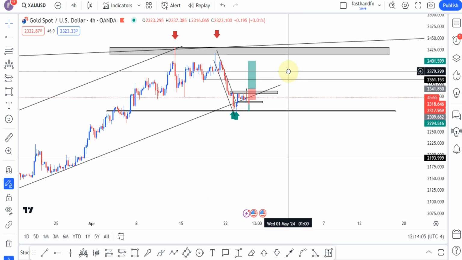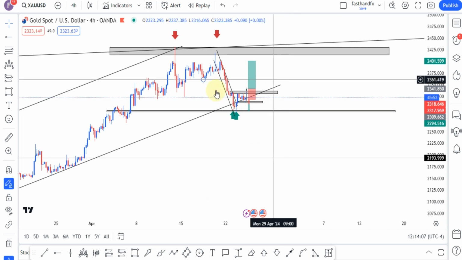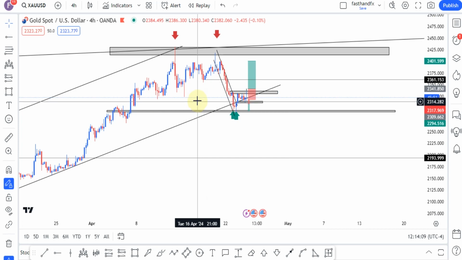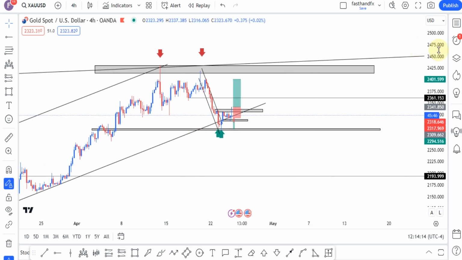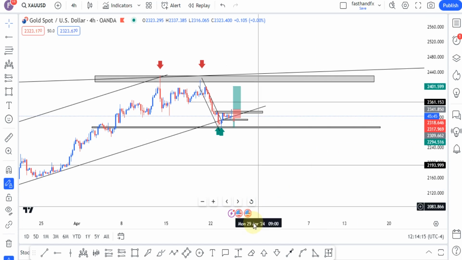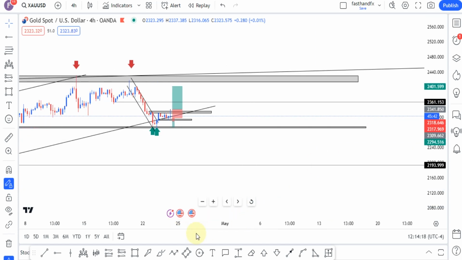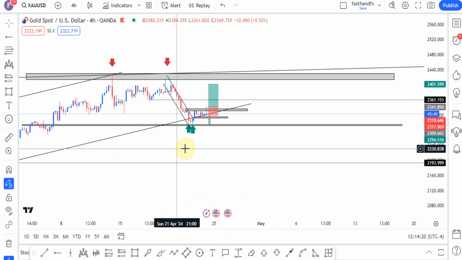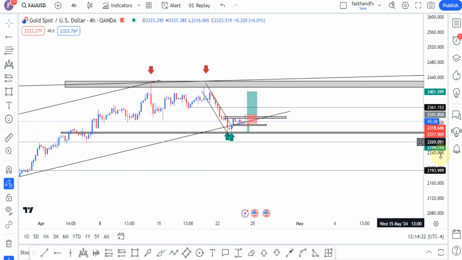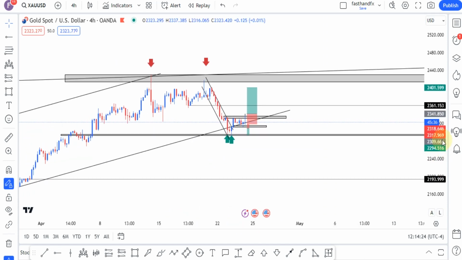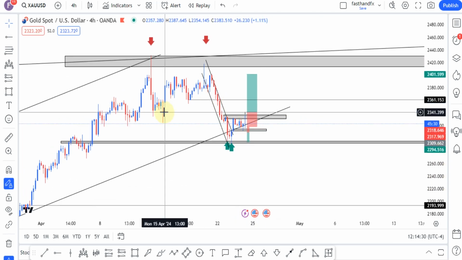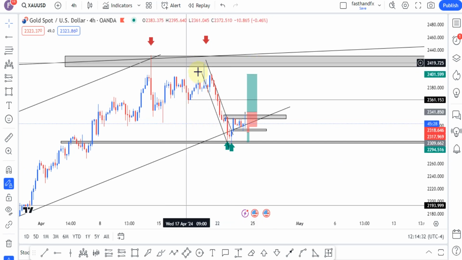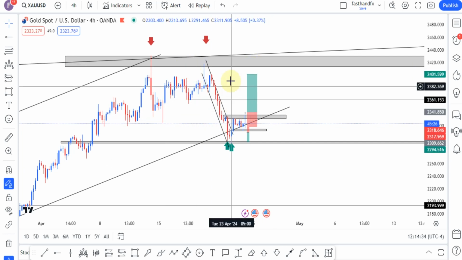So what we look for normally in gold, in a market like this, is just look at what the market is telling you, guys. Just don't take your entries blindly just because the market has already hit the support area, so now you want to take your buys, or because the market has already hit the resistance area, so now you want to take your sales.